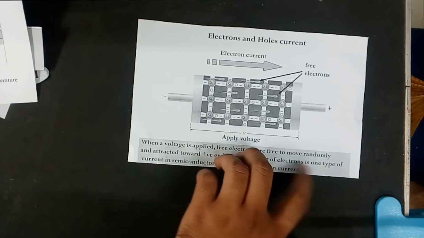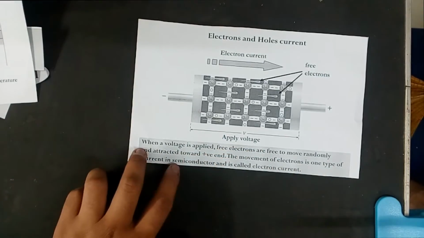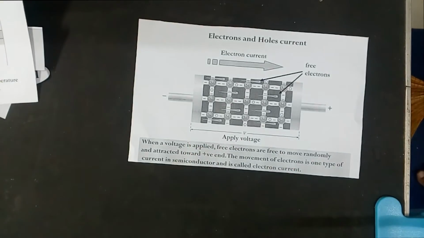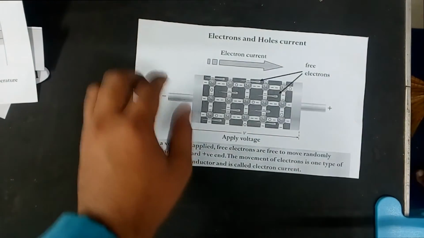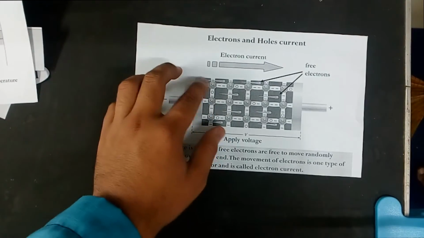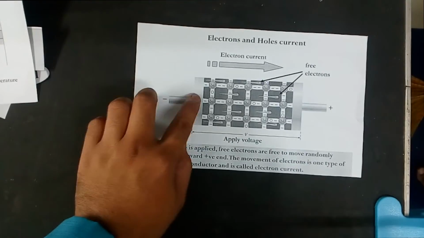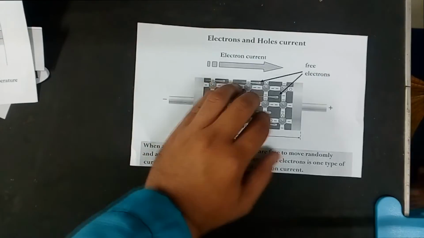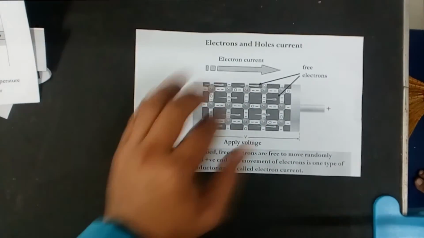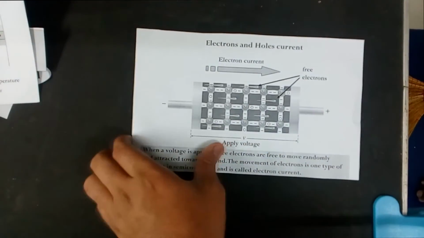This movement of electrons is one type of current in a semiconductor, and this is called electron current. When current is applied here, the electron is excited and jumps to a hole, and then jumps to another hole, thus completing the circuit and allowing the current to flow.